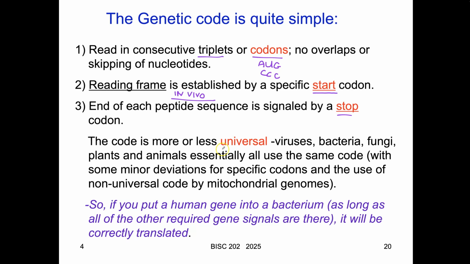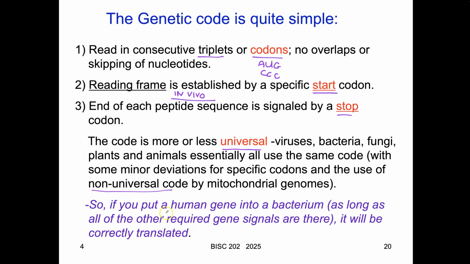And the code is universal. So there are a few minor deviations, but basically how the RNA is read to produce protein is the same in all organisms. As I said, there's a couple of unusual usages, minor deviations, I guess we'd call them.